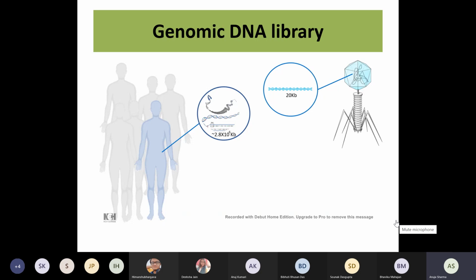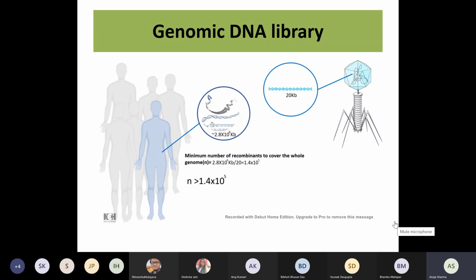In order to cover this whole genome with such 20 kb fragments, we would at least need 2.8 into 10 to the power 6 kb divided by 20, which is approximately 1.4 into 10 to the power 5 fragments. At least this number of recombinants we have to screen.